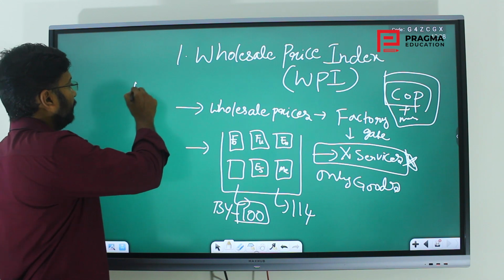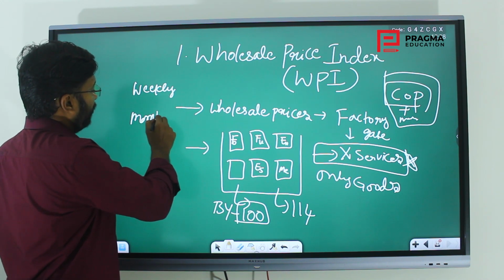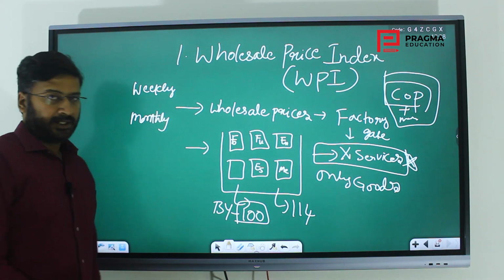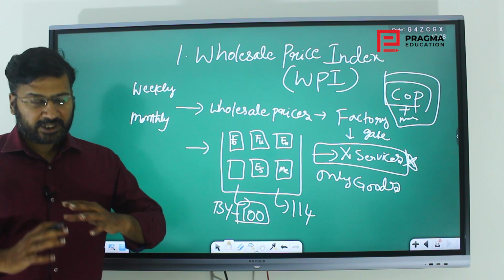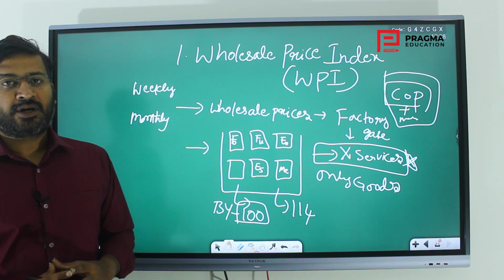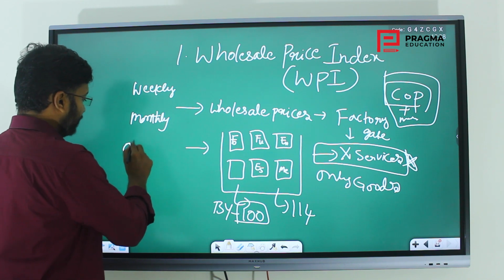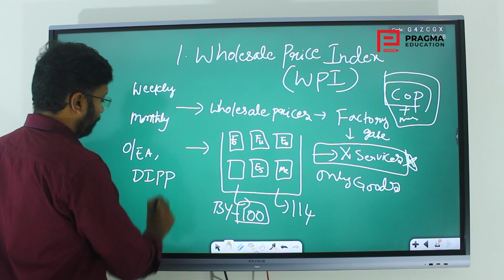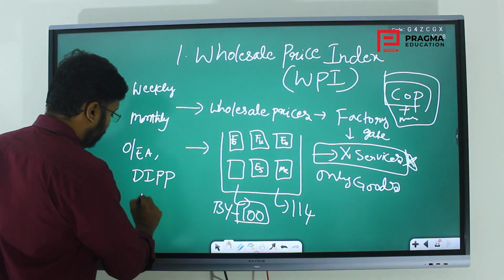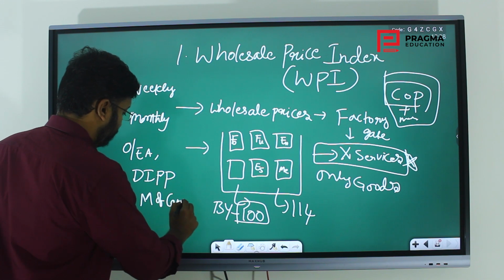Next, how frequently is WPI released? WPI was generally released weekly. Further, it was modified to release monthly. So who releases the WPI? Who is the organization responsible to release the wholesale price index in India? It is the Office of Economic Advisor, DPIIT, Department of Industrial Policy and Promotion, Ministry of Commerce.